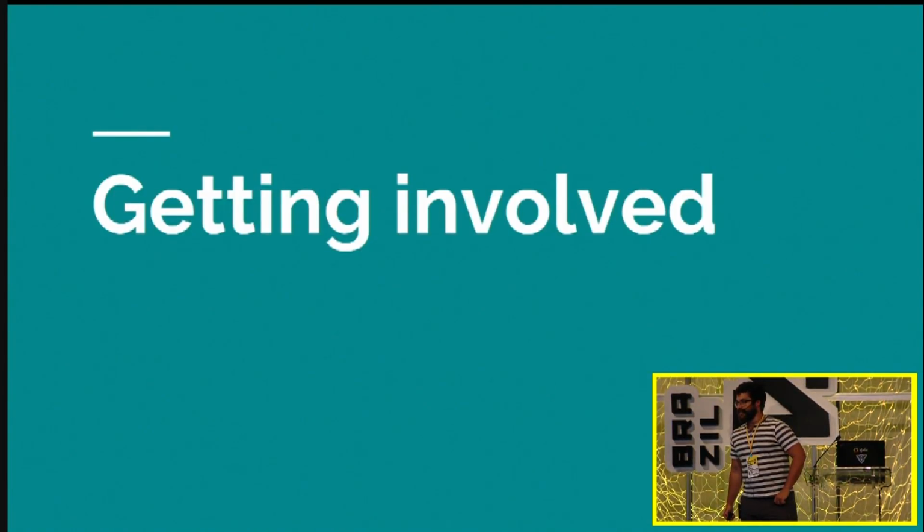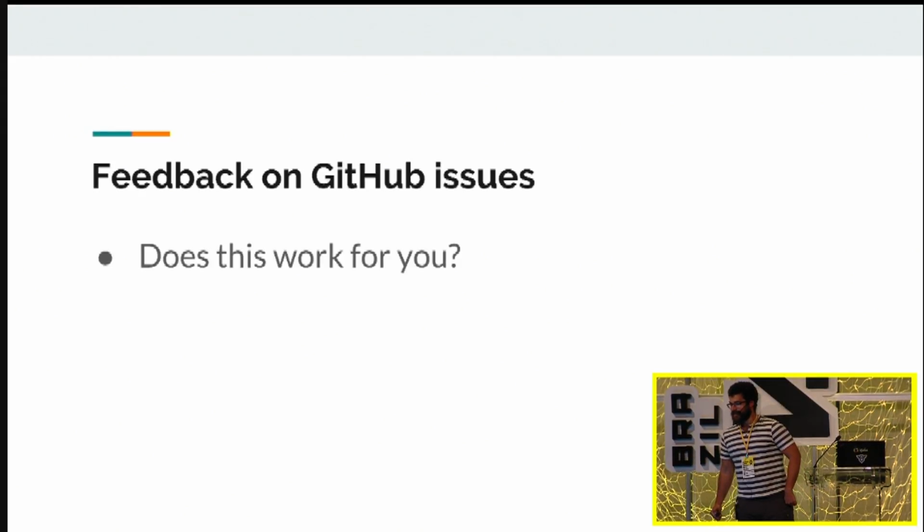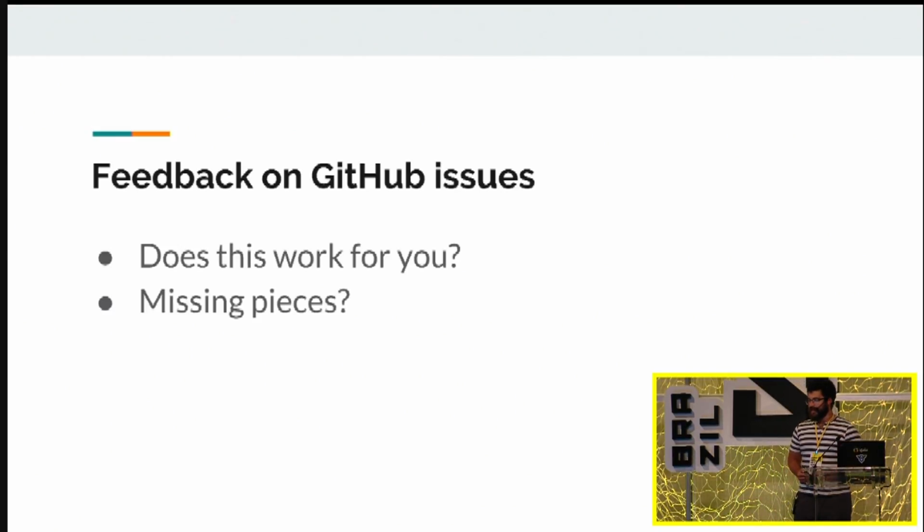So if you're interested in this proposal moving forward, there's a lot of ways that you can get involved to help it along. So one way is feedback on GitHub issues. I'd love to see comments on GitHub issues for TC39 proposals that talk about whether a feature works for your use cases, for issues that you run into in day-to-day programming.